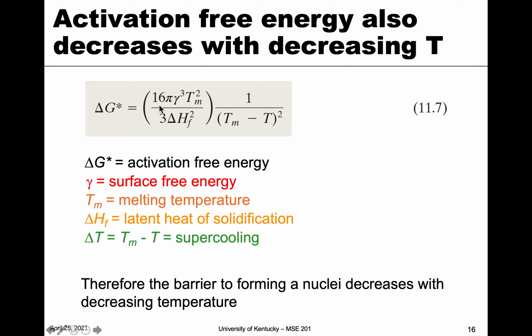So different form, but same variables in this case. And what we see is that the barrier for forming a nuclei decreases with decreasing temperature, right? That's what we said in general happens, because this is again the driving force. But this allows us to put some numbers behind these general ideas.